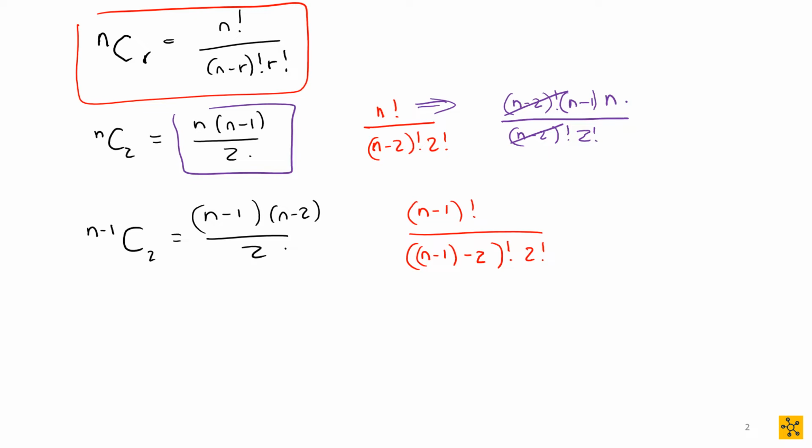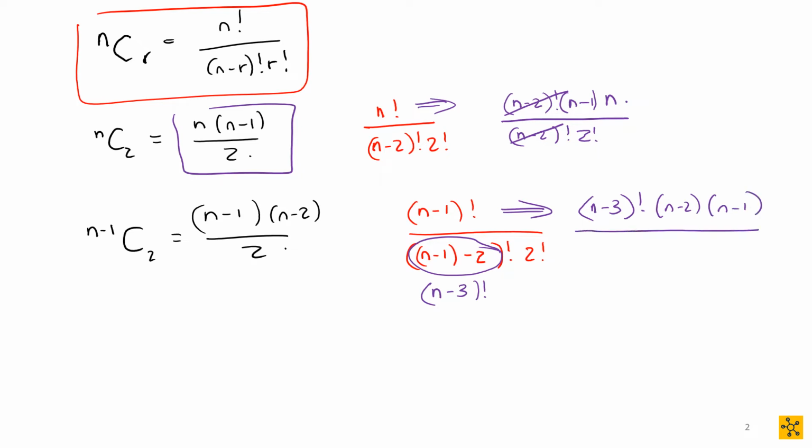We can rewrite that as (n minus 3) factorial, so we have (n minus 3) factorial multiplied by (n minus 2) multiplied by (n minus 1), all over (n minus 3) factorial times 2 factorial.